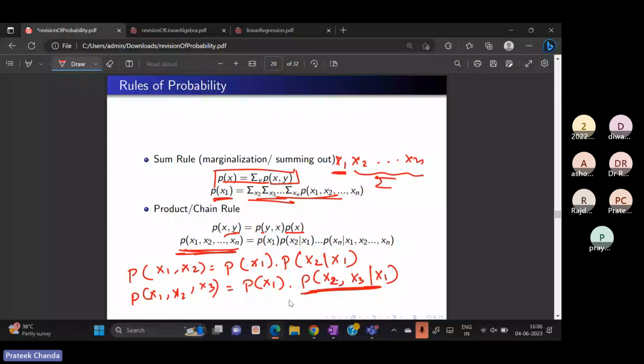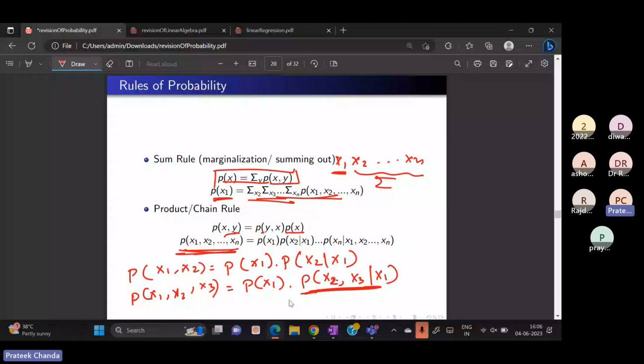Let me rewrite this. So now I have p of x2 given x1 and p of x3 given x1, x2.